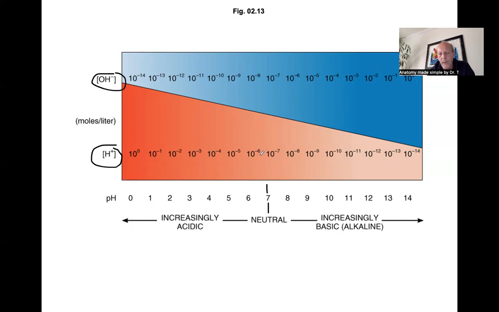Please note that these are all powers of ten with a negative value. So that is why we're seeing an increase in acidity going this way from center to the left, and an increase of alkalinity going from left to the right side of the screen.